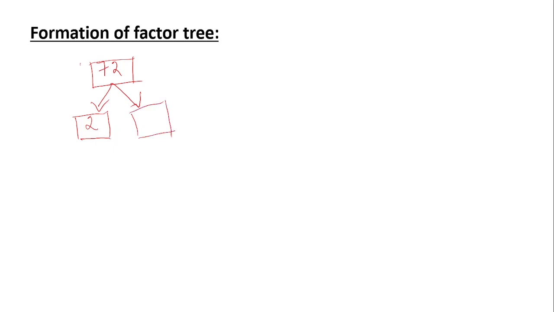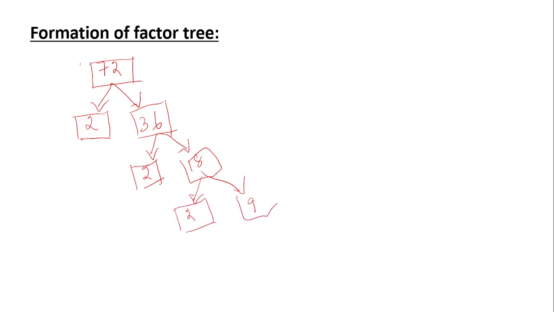So after dividing 72 by 2, we will get 36. Again divide this by 2 because it is divisible by 2. Then we will write 18 here because 2 into 18 is equal to 36. Again divide 18 by 2, then we will write 9 here.